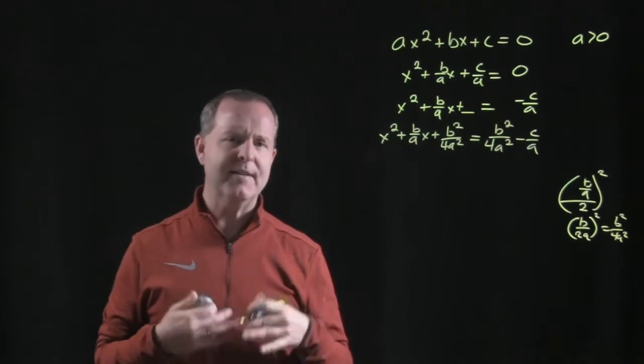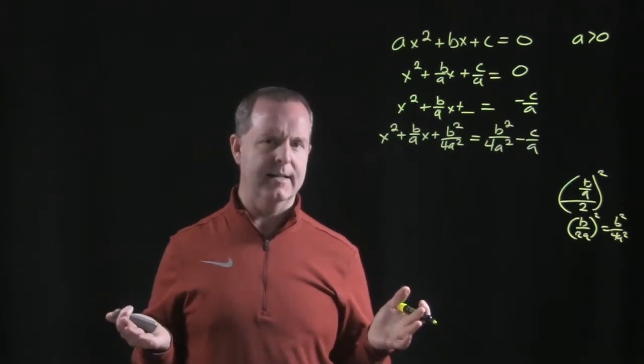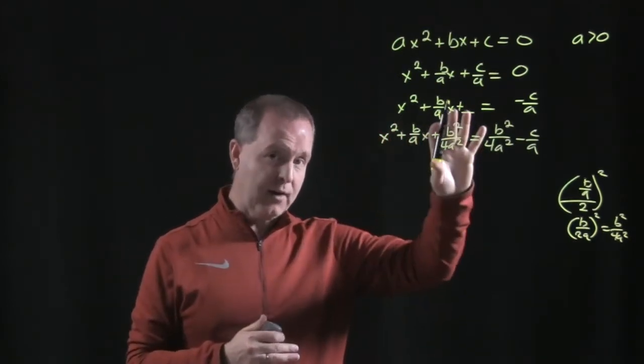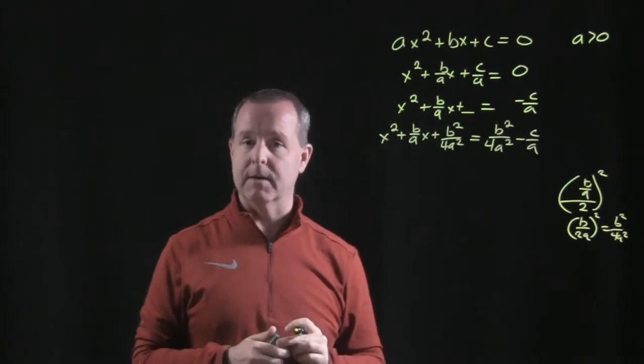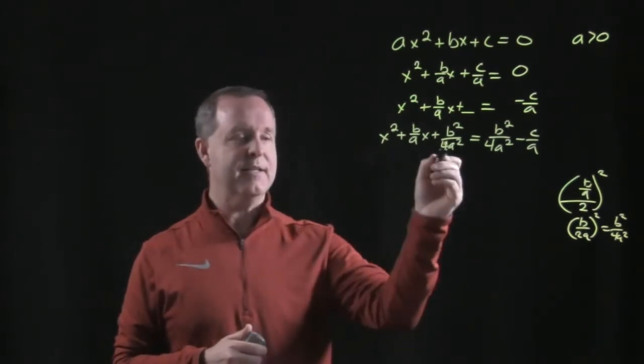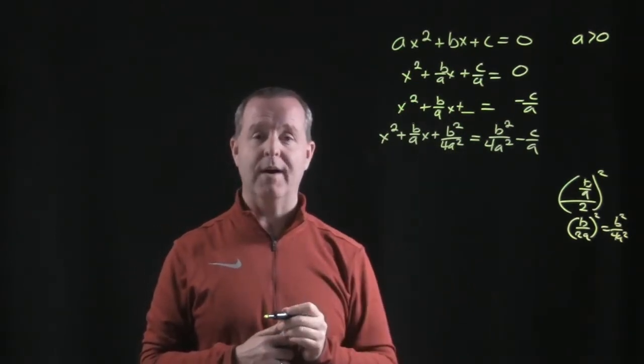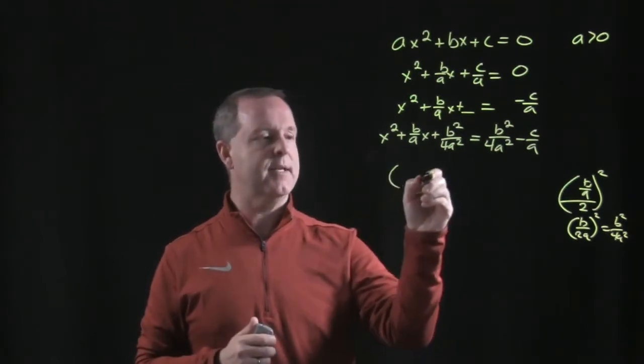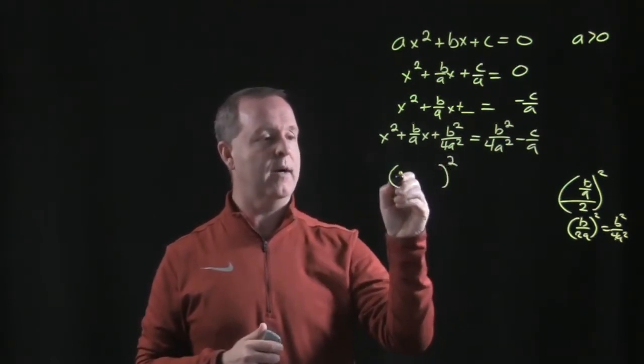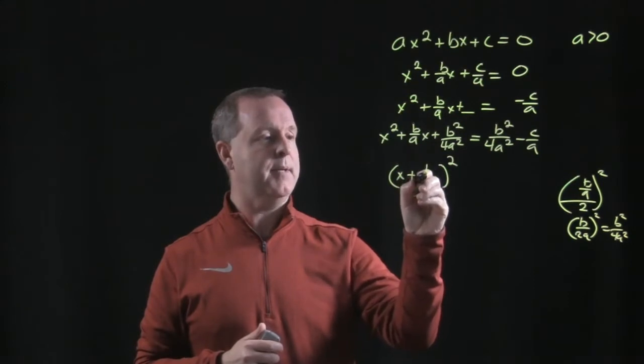I hope you see that we haven't done anything really odd yet, other than using variables rather than specific numbers. This value, b squared over 4a squared, is the perfect number that allows this to turn into a perfect square, which is going to be x plus b over 2a, squared.